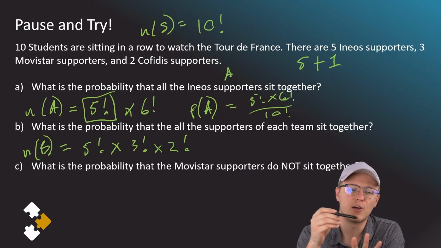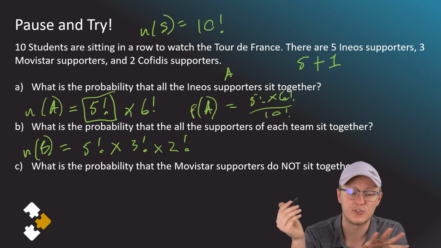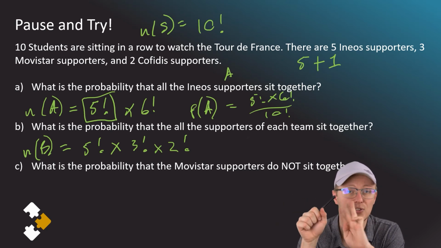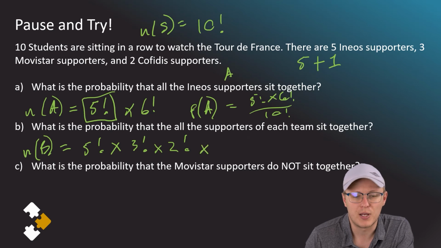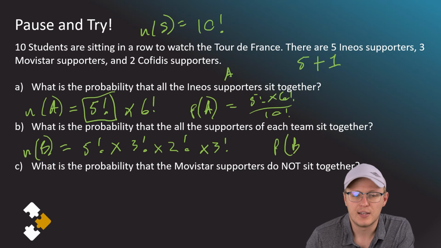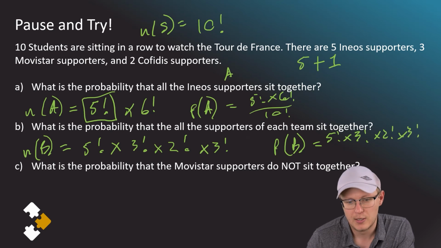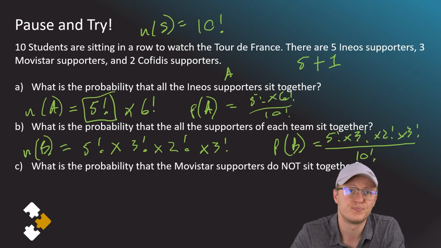And we can either go Ineos, Movistar, Cofidis, or Cofidis, Ineos, Movistar, etc. So we've got 3 things that we can arrange, those 3 groups, and so we have to multiply by 3 factorial still. So then this probability is going to be the 5 factorial times 3 factorial times 2 factorial times 3 factorial divided by the sample space, which is the 10 factorial.